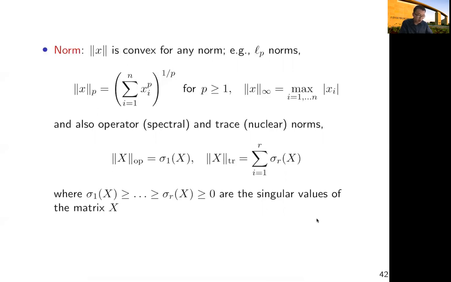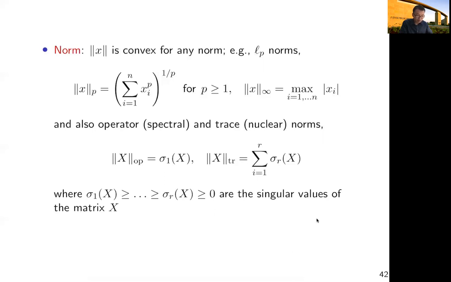You can always decompose any matrix using the singular value decomposition, and the diagonal matrix in the middle collects the so-called singular values. In particular, the operator norm, or spectral norm, is defined by the largest singular value. So you can think about this as the L infinity norm on the spectrum.